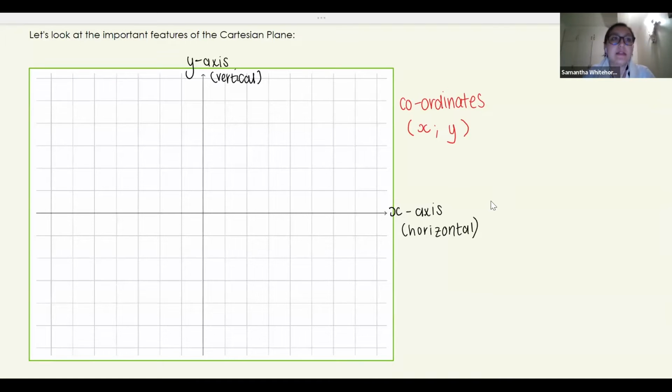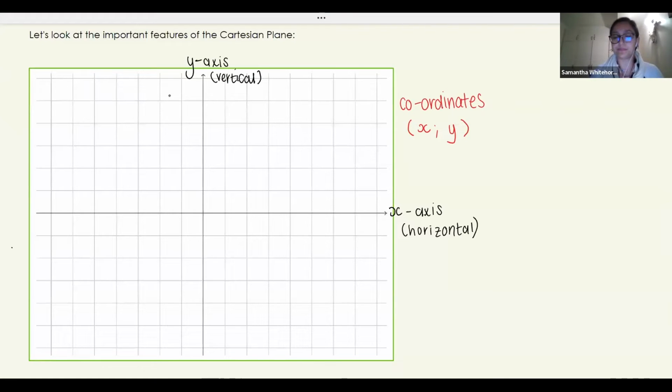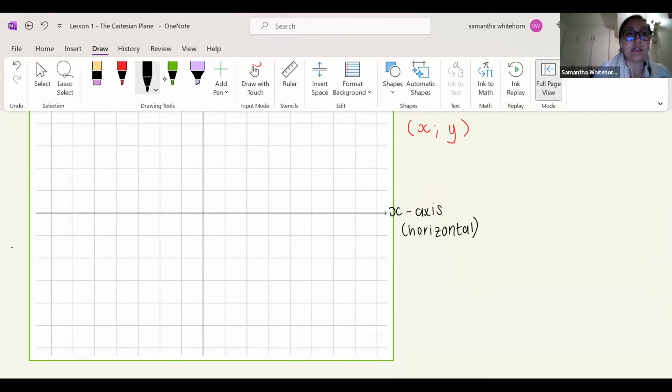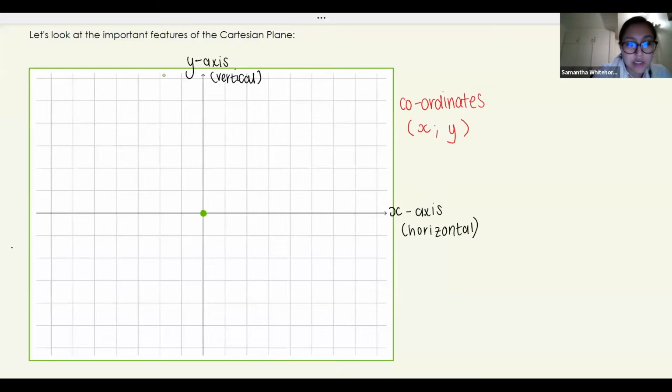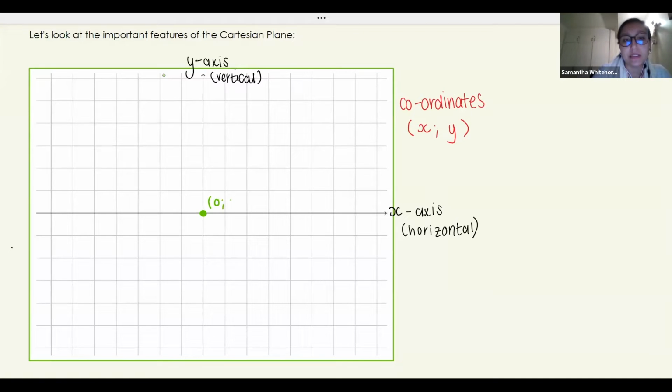Now, what that means is that on our axes, we need to have some labels so that we can pinpoint a specific point or a specific coordinate on our Cartesian plane. The first very important point that we need to know about is where the two axes meet. Where they cross or intersect with each other, we have a special name for this point, and this is the point 0, 0.